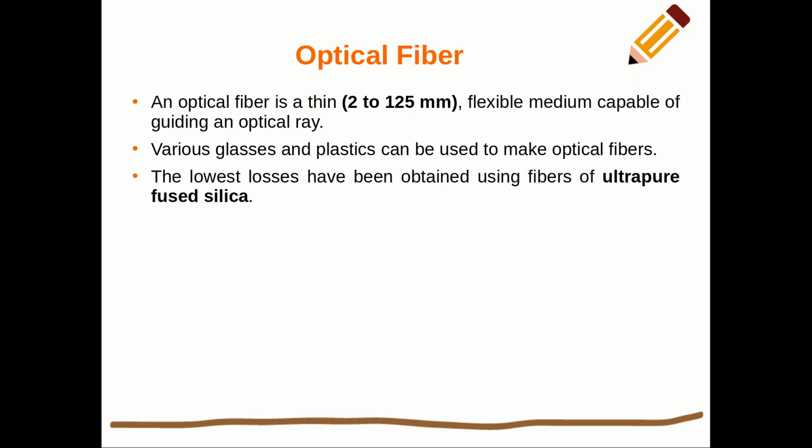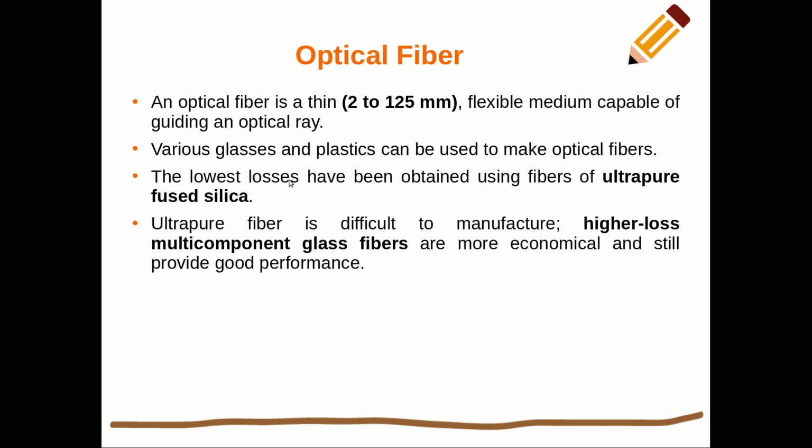This is the best material available for fiber optic cable because it leads to the lowest loss of information, but it is slightly costly. So we have other variations also.